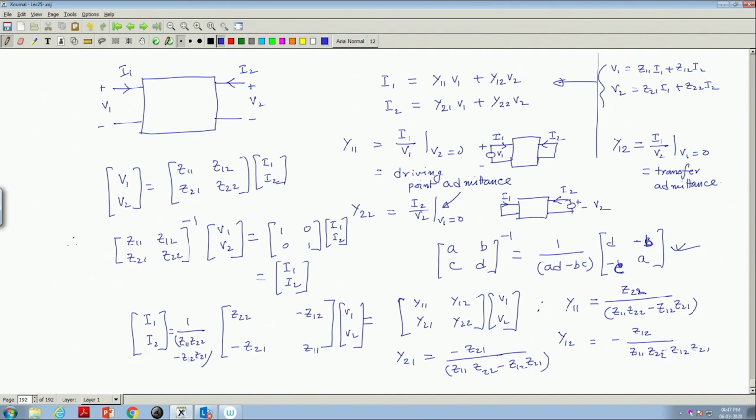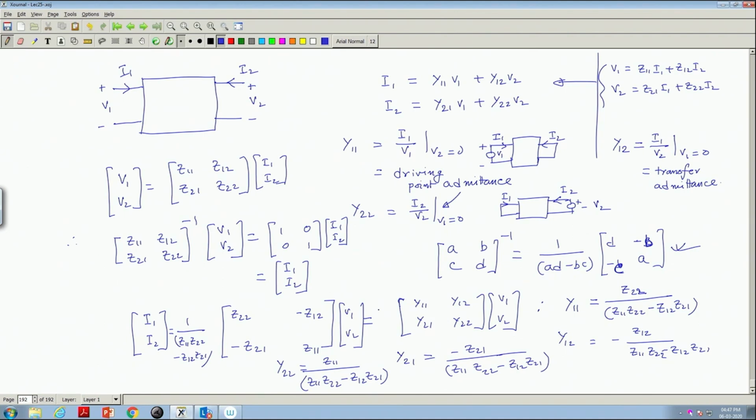And finally, y22 will be equal to Z11 divided by Z11 Z22 minus Z12 into Z21. Easily it can be related, but only thing one should remember that y11 is not equal to 1 over Z11, no, that is a mistake.